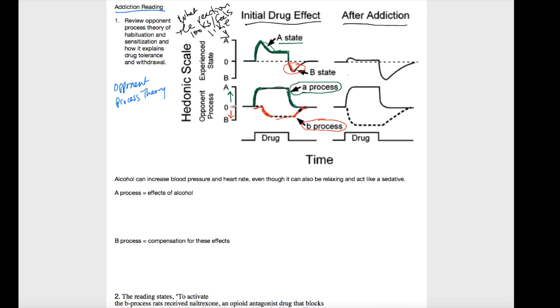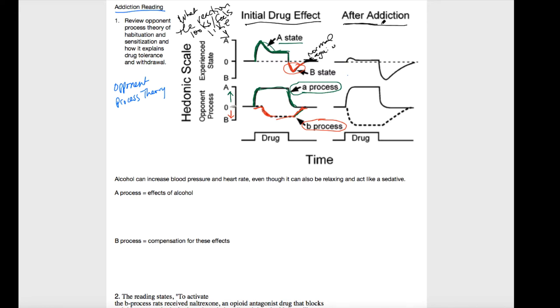But the reaction of the B process here, this compensation for the drug, lingers a little bit. And as it lingers, instead of going back to normal when the drug wears off, you're in this sort of downer state if the drug had been a stimulant. And that takes a little while to come back to normal until the B process fades away before we can get back here to this normal state.